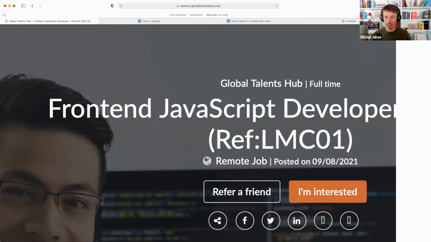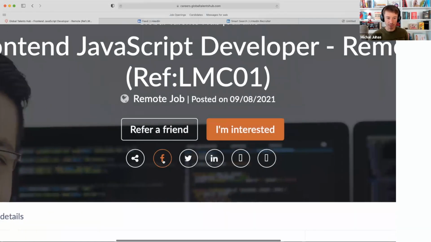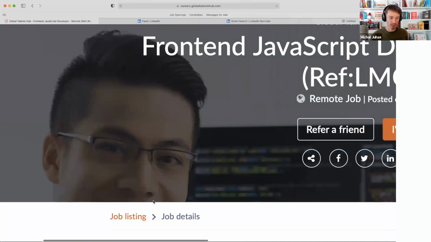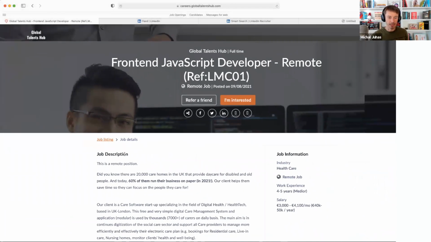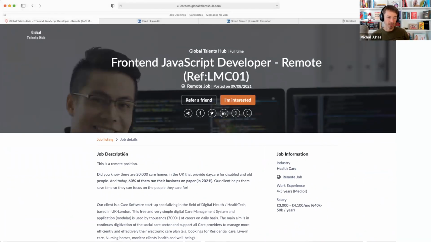And the unit can be anything. It could be a function, it could be a button, it could be this button, it could be share buttons, it could be this link here. Anything can be a unit in software development. And developers create these unit tests. So they test individual functionality to make sure that nothing breaks.